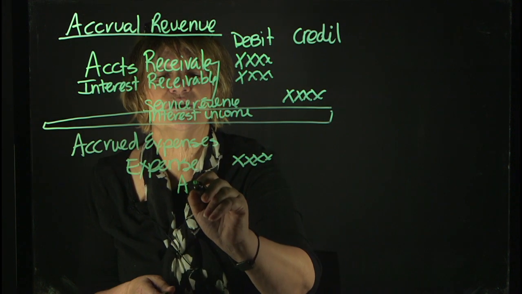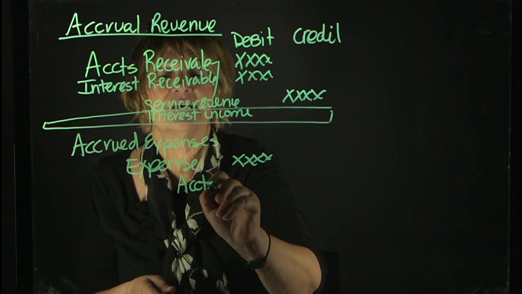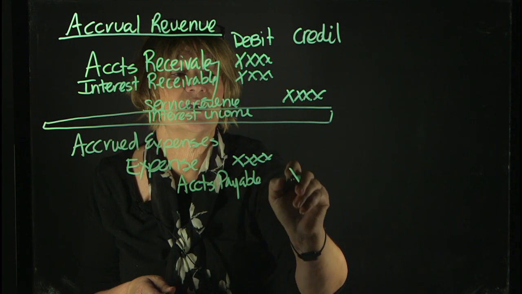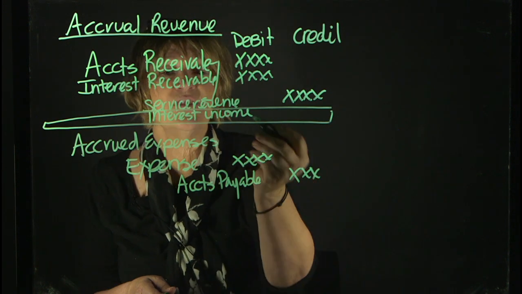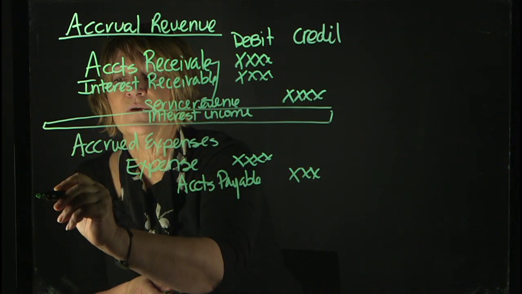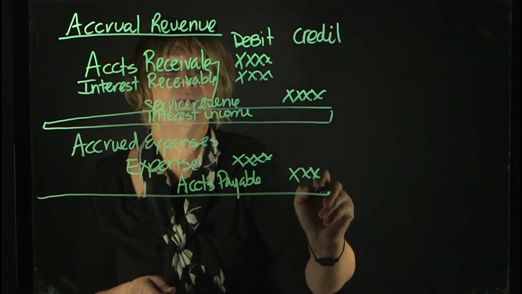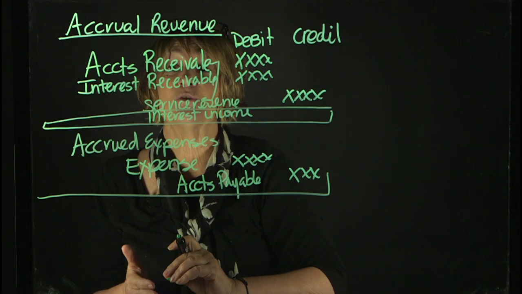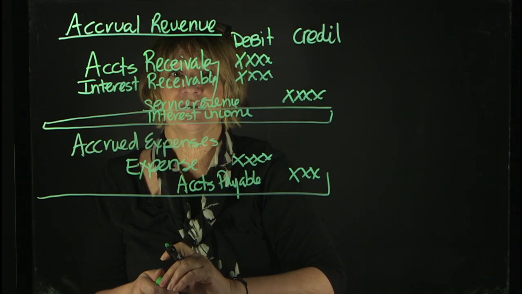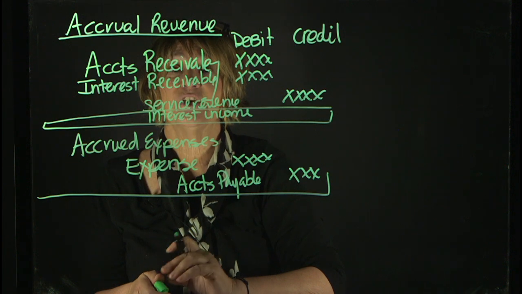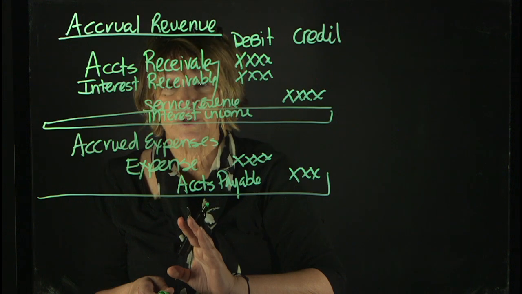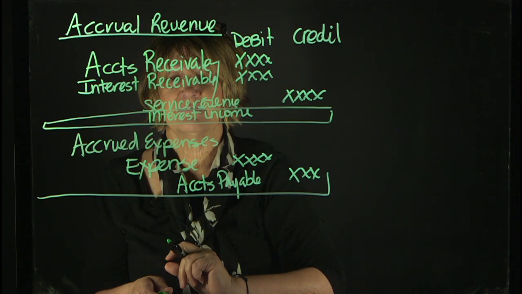And then you're going to credit accounts payable, because we're going to increase accounts payable. This gets both revenue and expenses on the books ready to go to give us the most accurate financial statements. All right? So those are the only two types of accrual adjusting entries.